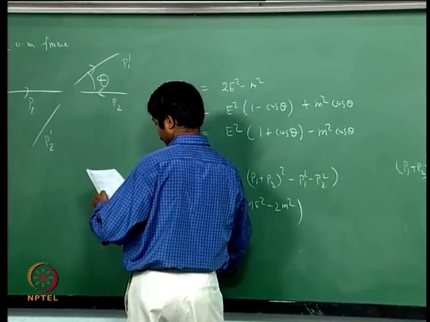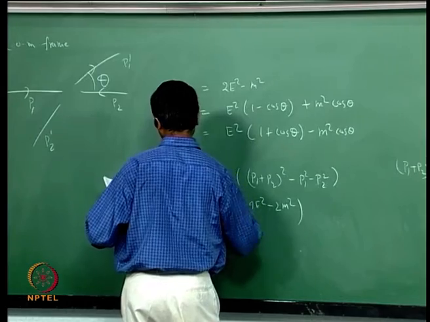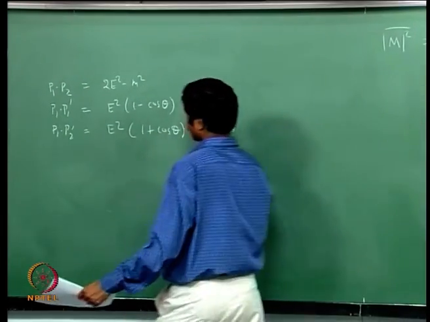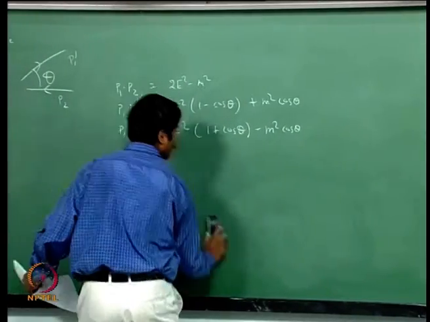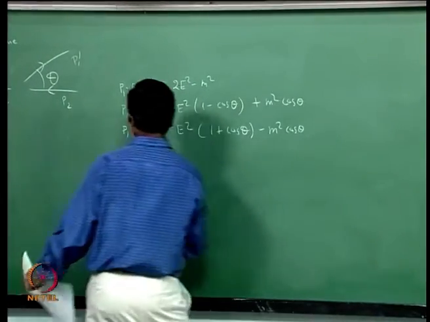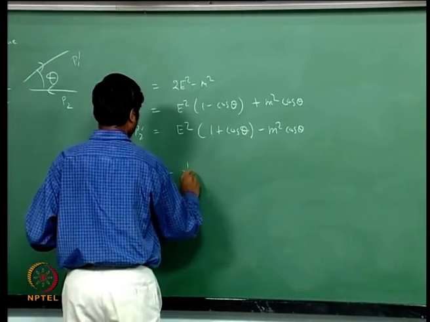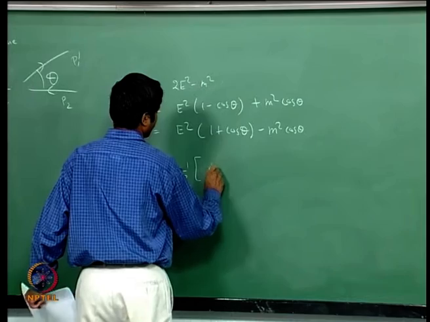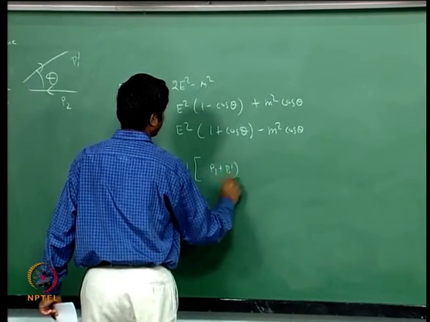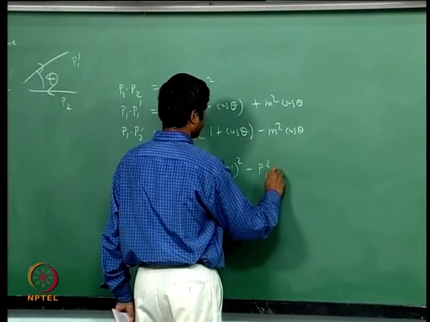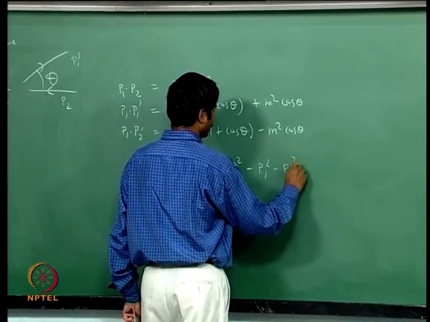Now, I will evaluate P1 dot P1 prime, and then you can evaluate P1 dot P2 prime in a similar way. P1 dot P1 prime is again half of P1 plus P1 prime square minus P1 square minus P1 prime square, right.